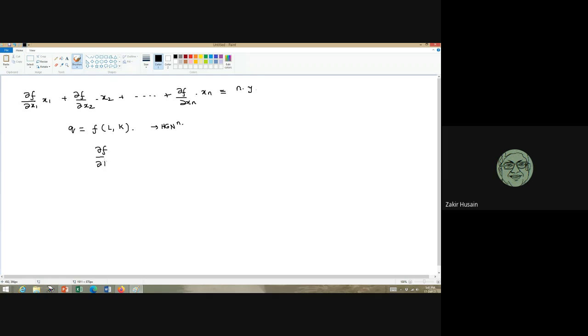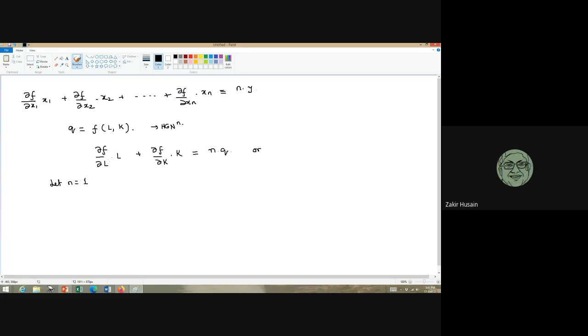Del f by del l into l plus del f by del k into k, and this is equal to n into output. Now let us suppose n is equal to 1. It is a linearly homogeneous production function.